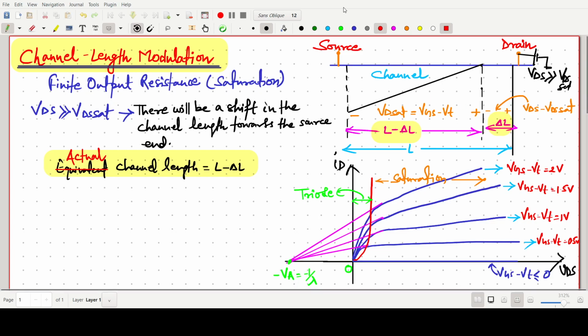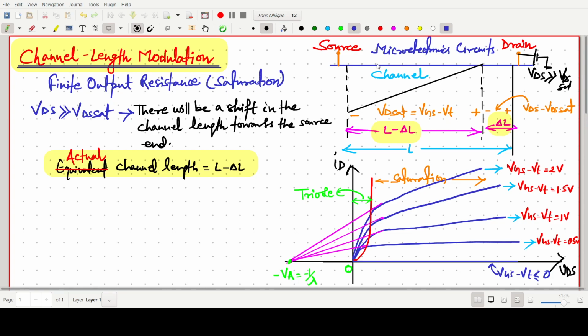I am taking all this concept from the microelectronic circuits book by Sedra Smith.